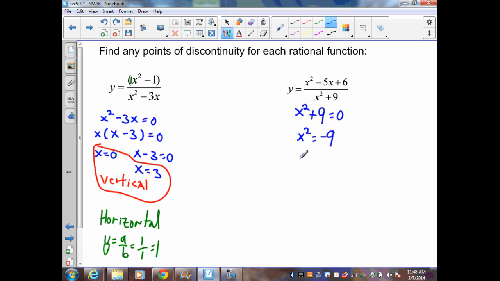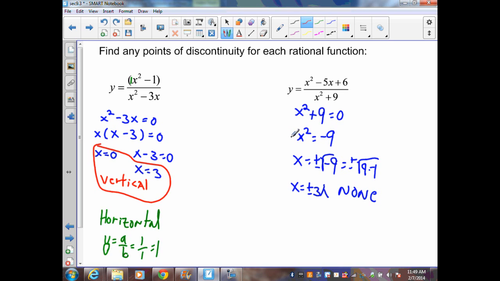Take the square root of both sides to get x equals plus or minus the square root of negative 9, which is plus or minus the square root of 9 times negative 1, so x equals plus or minus 3i. Therefore, I have imaginary values, and therefore I have no points of discontinuity, or none.